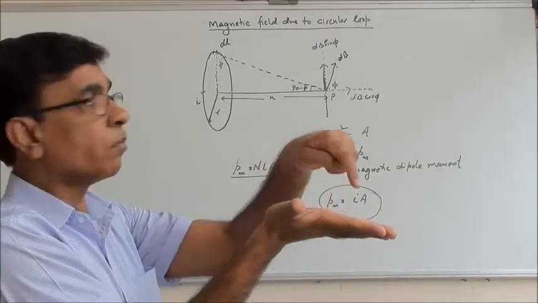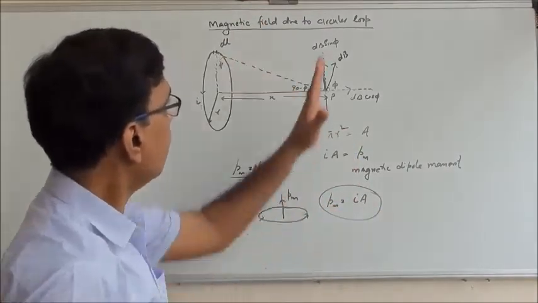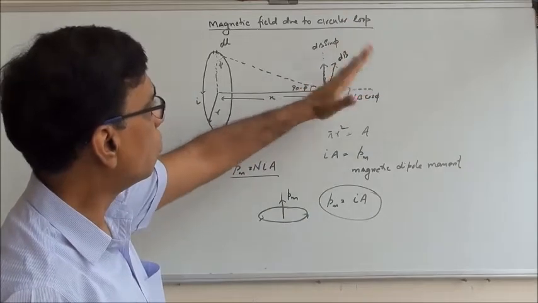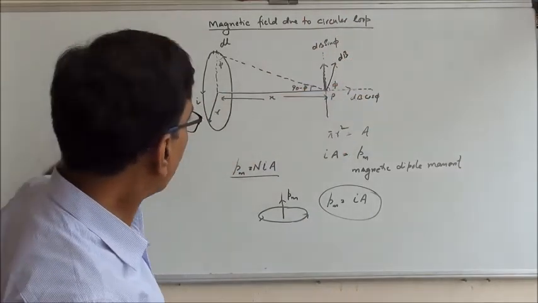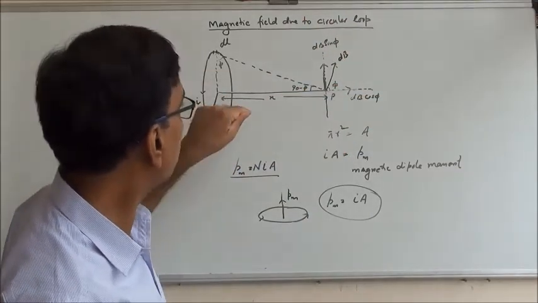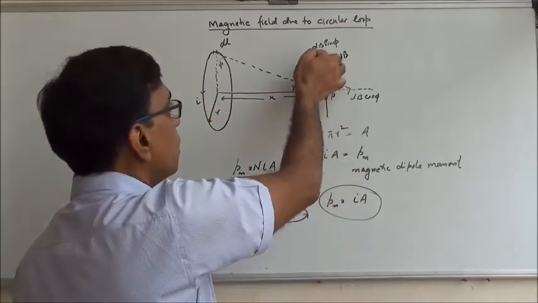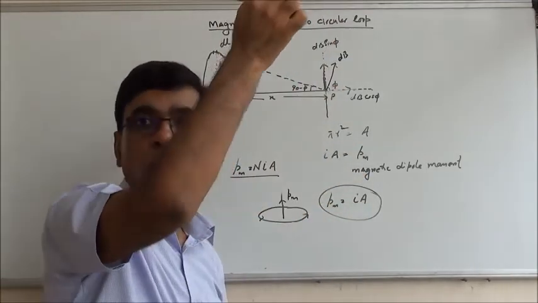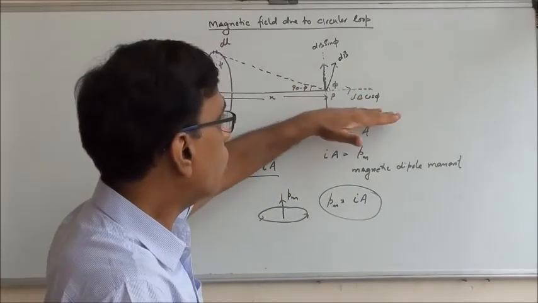Now we resolve this into two parts. If we find the fields due to all such components, the perpendicular components will cancel out, and all these will be added.